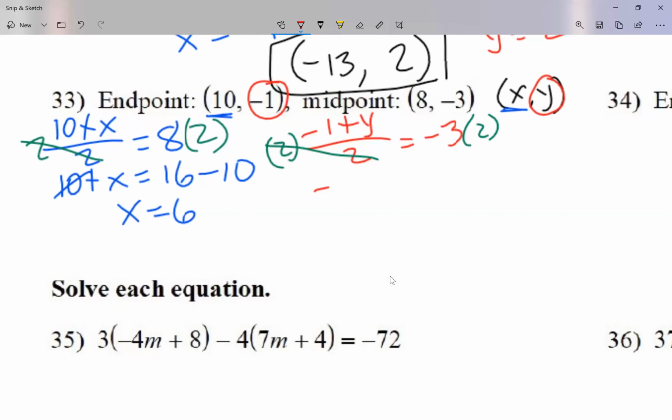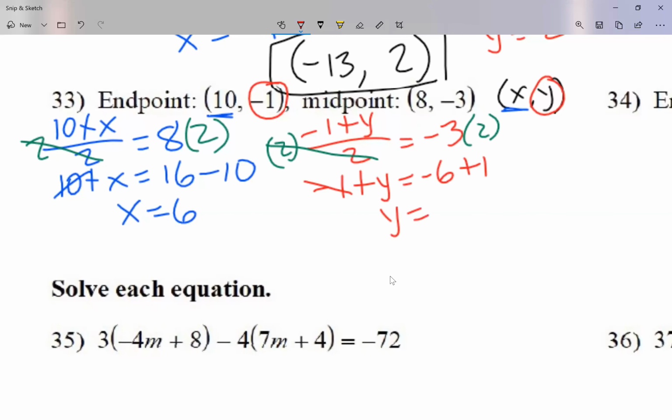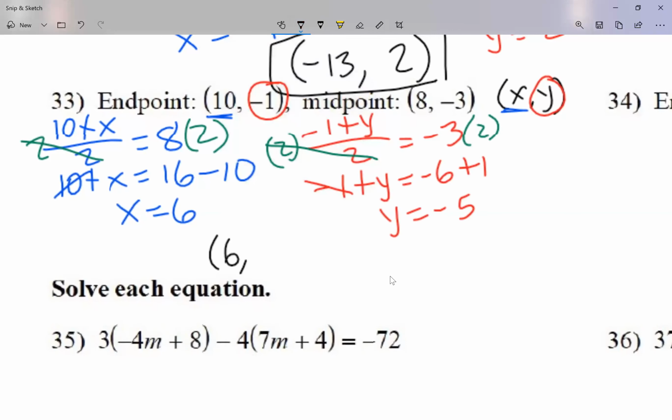So I get -1 plus y equals -6. The -1, let me move it over as a +1. So I get that y is equal to -5. Right? -6 plus 1 is -5. My answer is going to be the coordinate 6, -5. Don't forget to type it in with the parentheses. Don't forget the space after the comma.